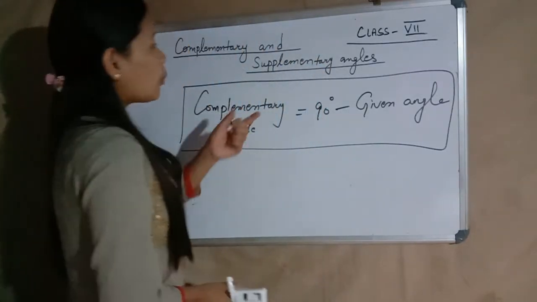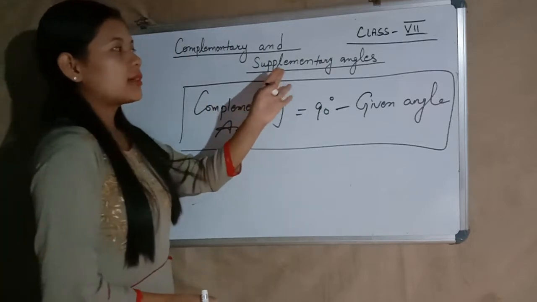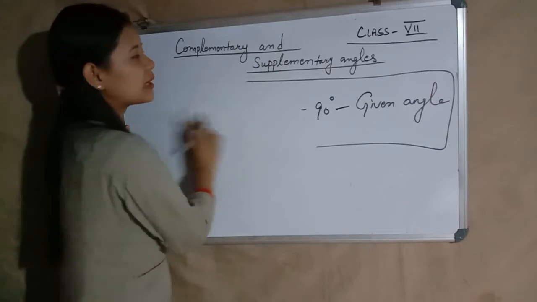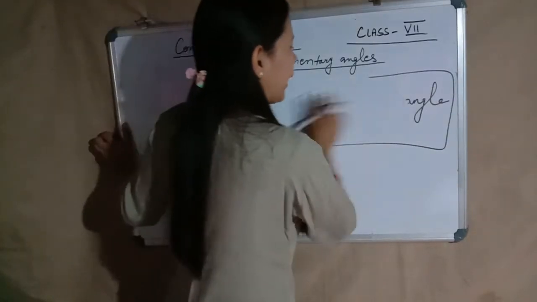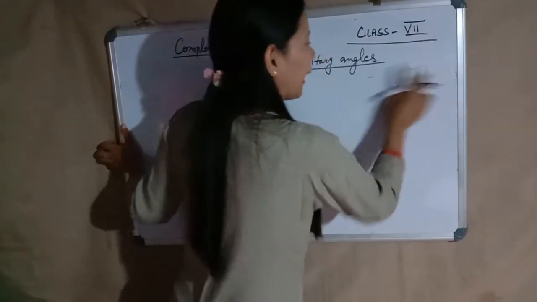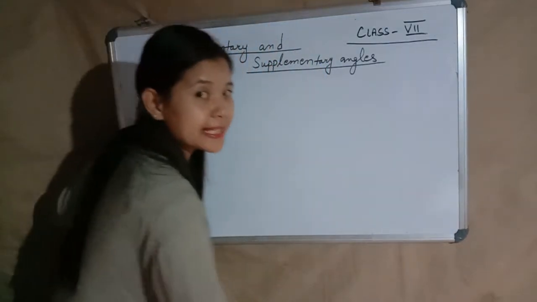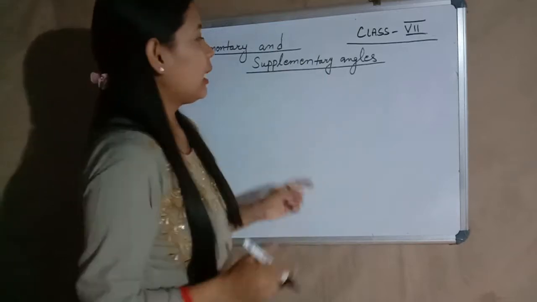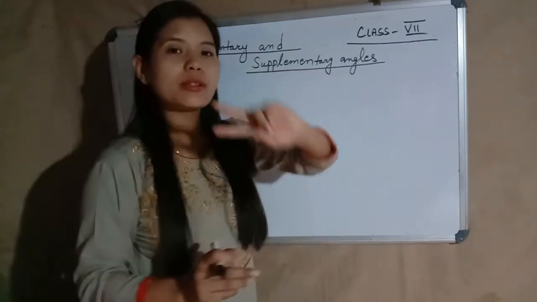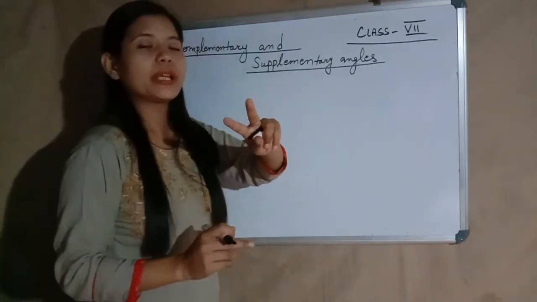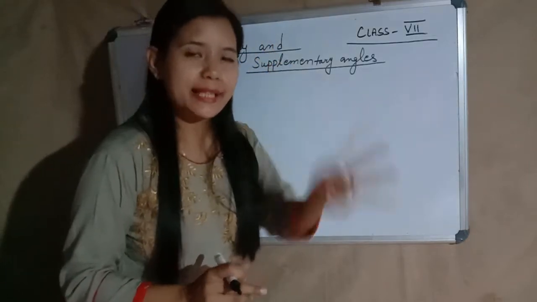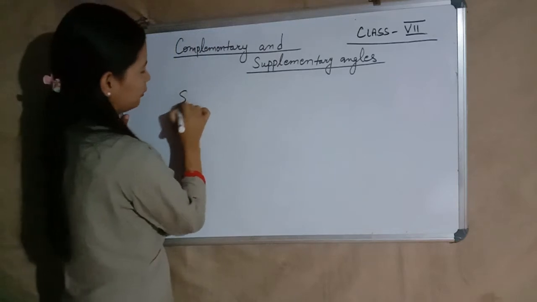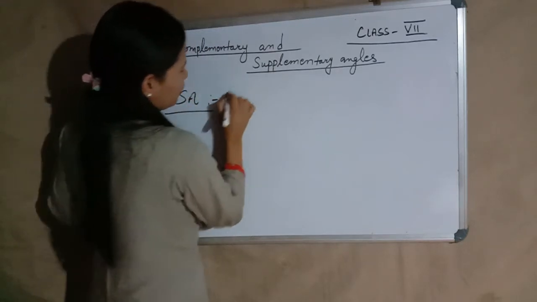Now we have another type of angle, which is the supplementary angle. This is also based on a property of the angle. In complementary angles the sum was equal to 90 degrees, and here in supplementary angles the sum of two angles will be equal to 180 degrees.